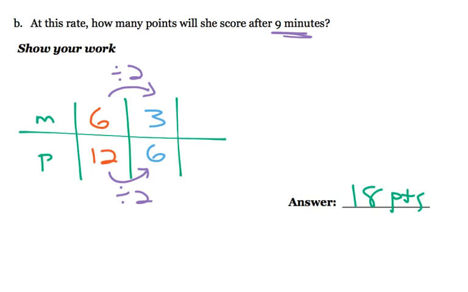Then, since 3 is going to go into 9, I'm just going to multiply by 3 to get to 9. And that's a really flexible way that you can use a ratio table to get to that same answer of 9 minutes, which we wanted to get 18 points.